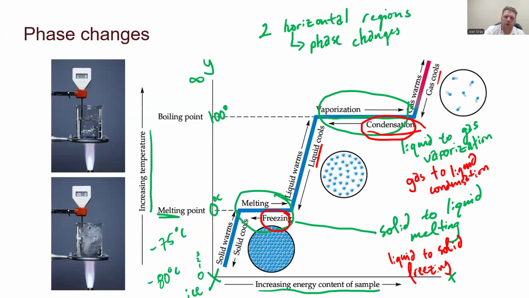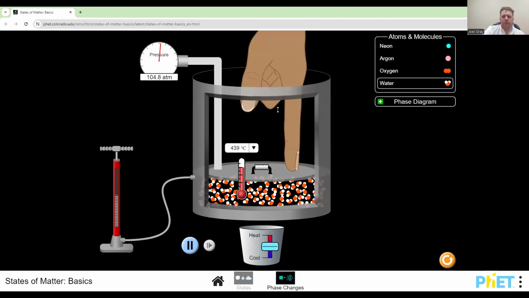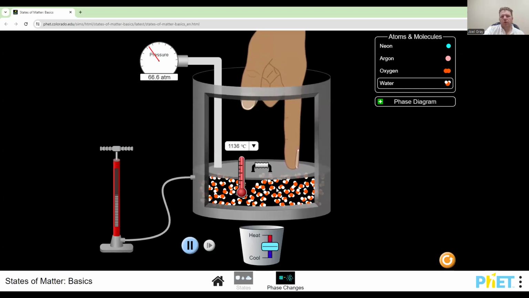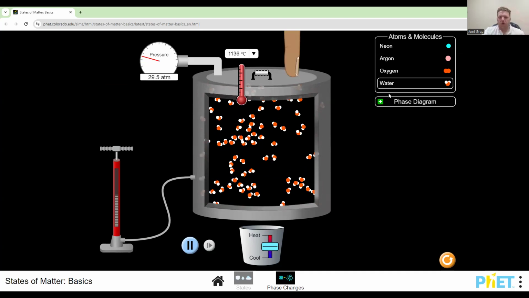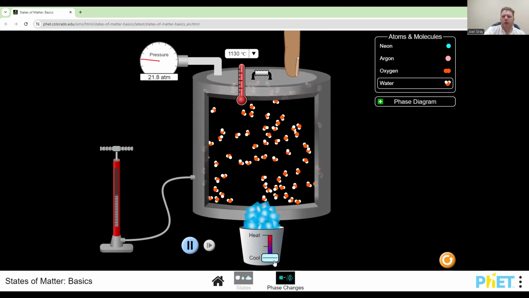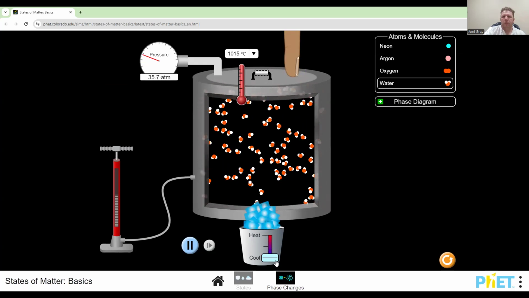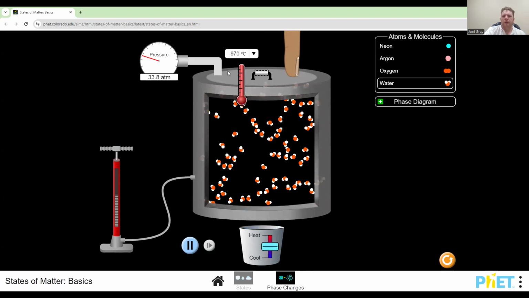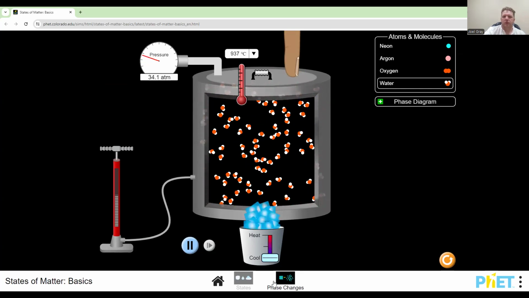I'm going to go ahead and switch my share. We're increasing the pressure here in this demonstration. But here we've got water, and if we cool it down, we're talking, this is at 1,000 degrees Celsius, 970 degrees Celsius.